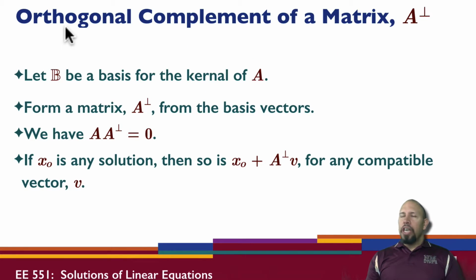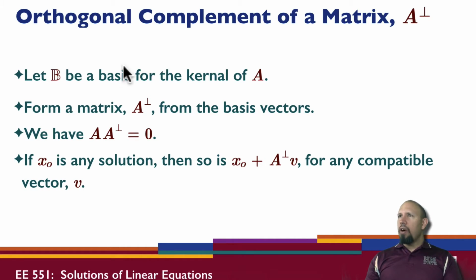So in looking at the underdetermined case, where you may have an infinite number of solutions, we use something called the orthogonal complement of a matrix. We talked previously about the orthogonal complement of a subspace. You have a subspace and you have its orthogonal complement.